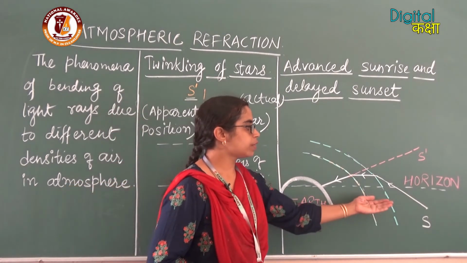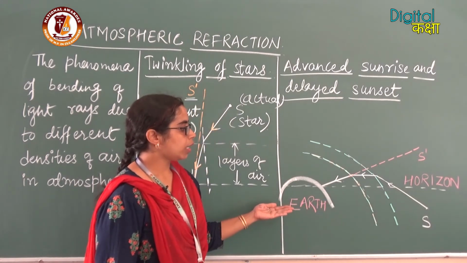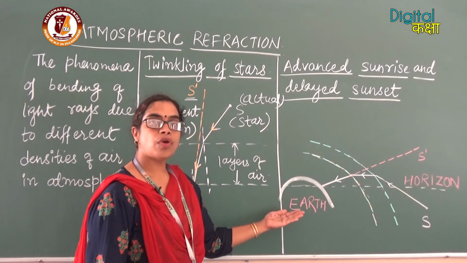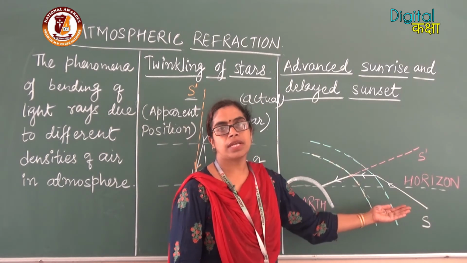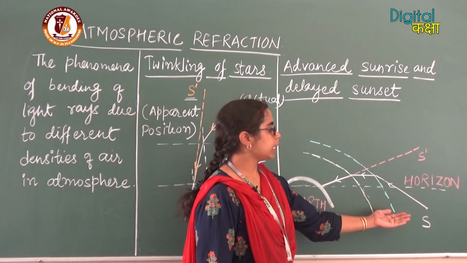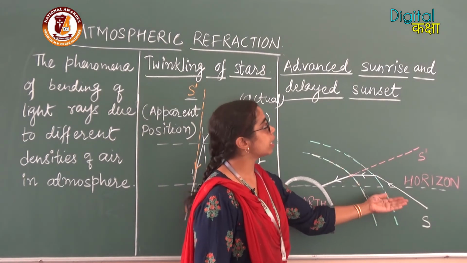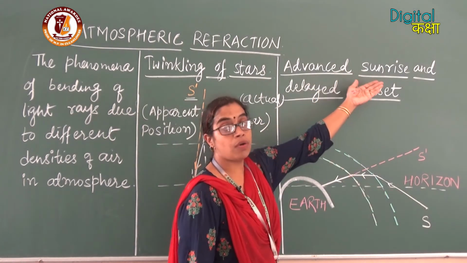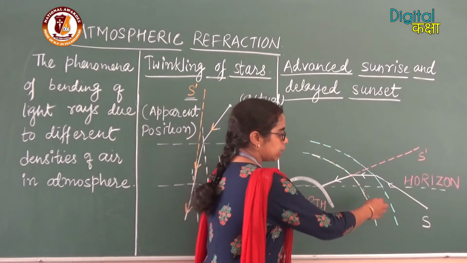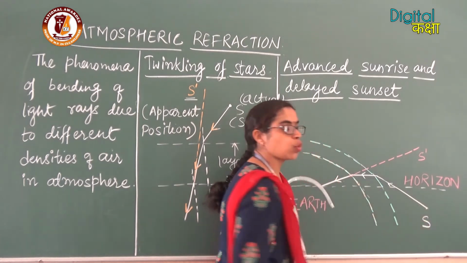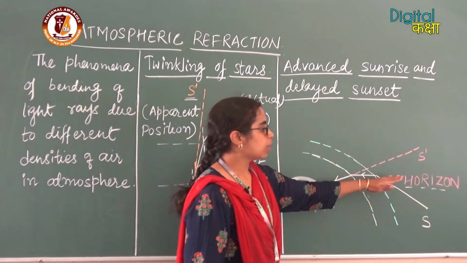At the time of sunrise, if in this ray diagram we take the position of the sun towards the east direction, this diagram will help us understand the case at sunrise. Here, S shows the position of the sun, which is below the horizon.